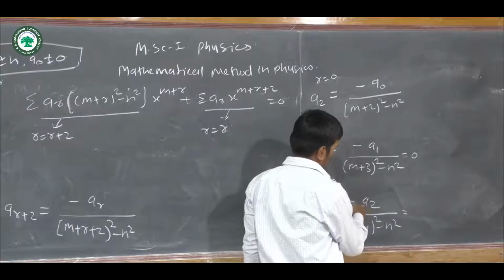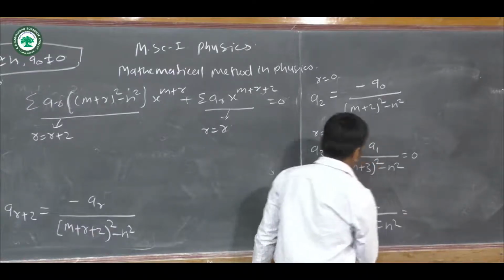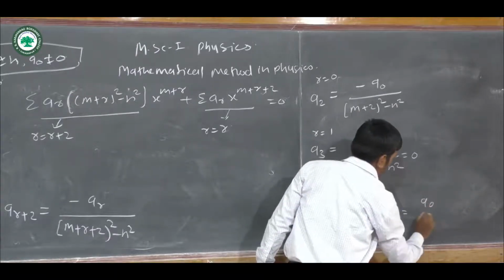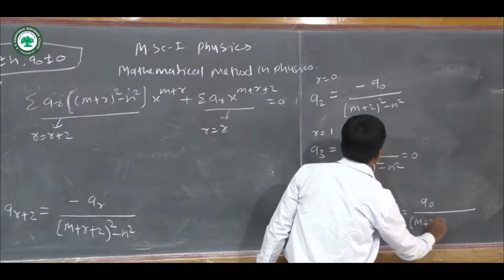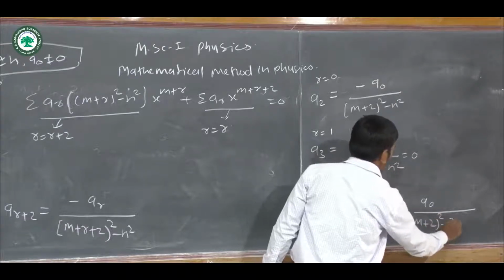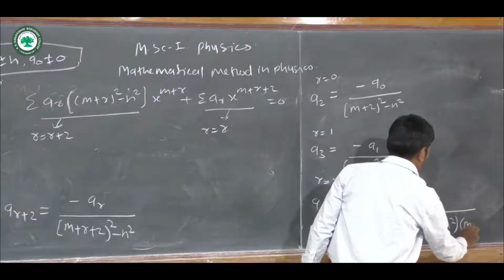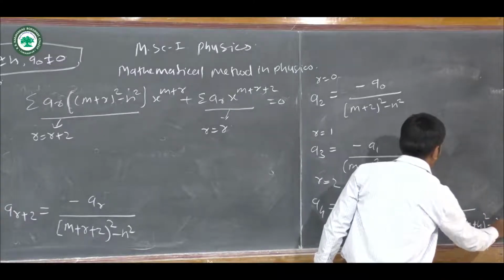So I just replace a2, the minus will be plus, and it is a naught divided by (m plus 2) bracket square minus n square into (m plus 4) bracket square minus n square.